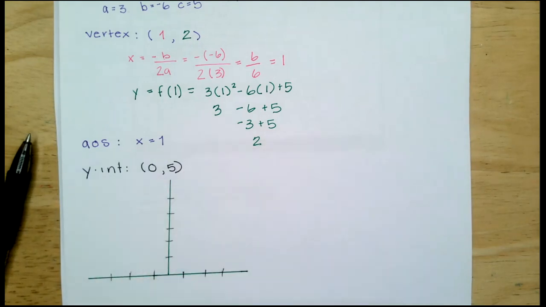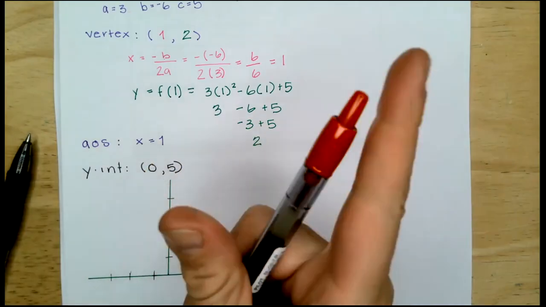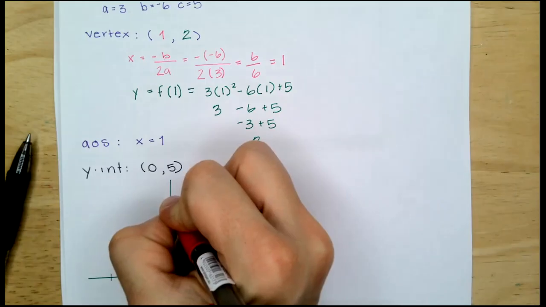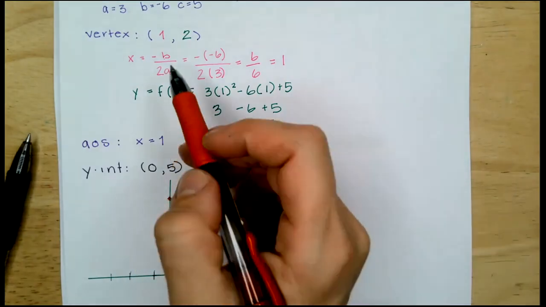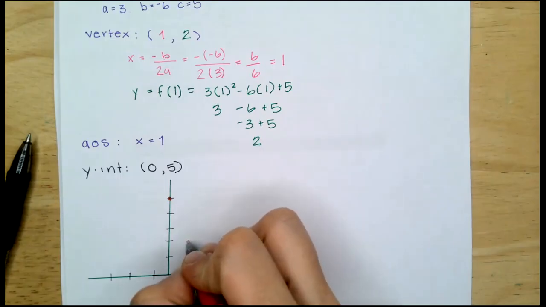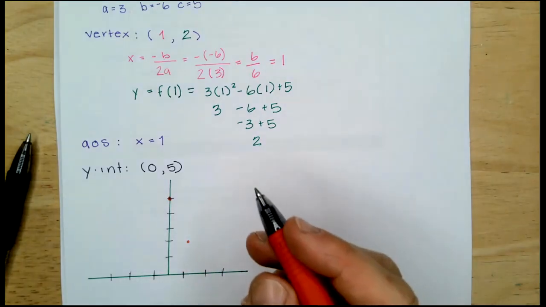I know that my y-intercept is 0, 5. So it's going to cross right here. The vertex is 1, 2. Over 1, up 2. And that's going to be my lowest point.